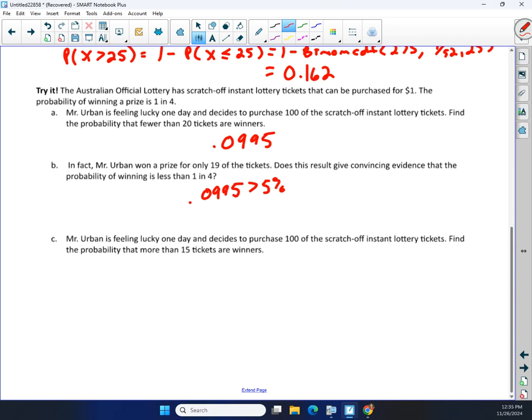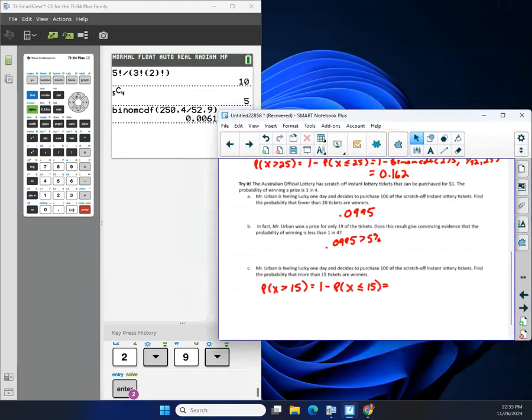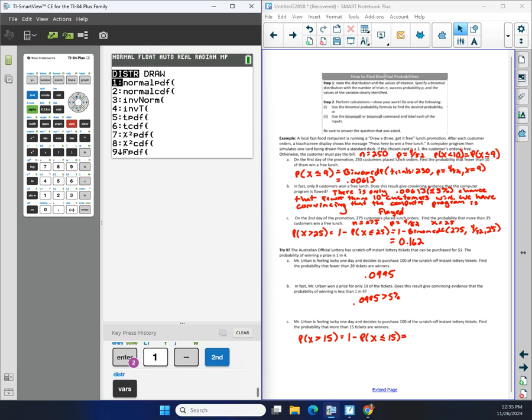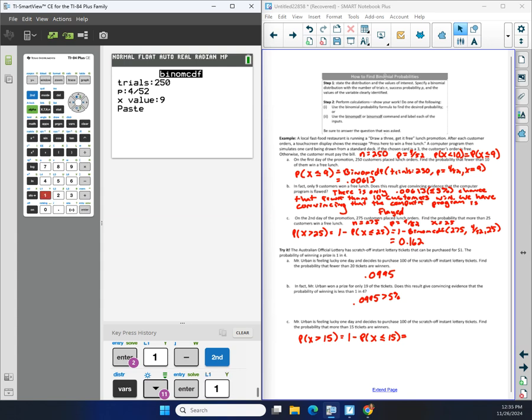On C, find the probability that more than, so the probability that X is greater than 15, you're going to have to do 1 minus the probability that X is less than or equal to 15. And I'll show that in the calculator very quickly. 1 minus second distribution. Again, scroll down till you find yours, binomial CDF. This one had 100 trials.